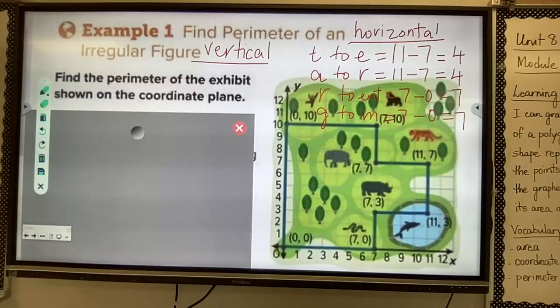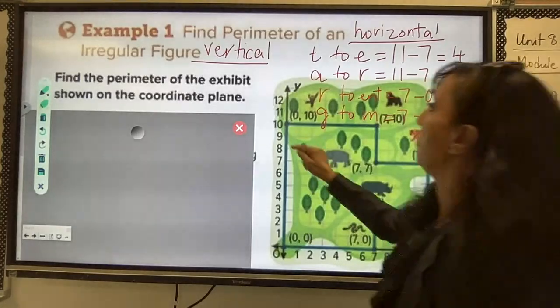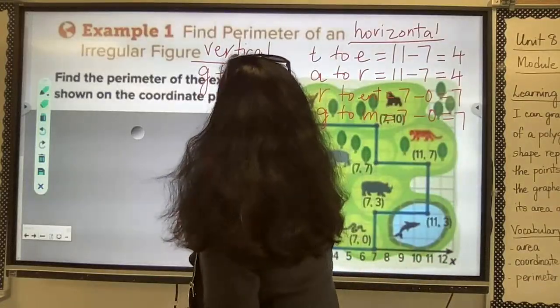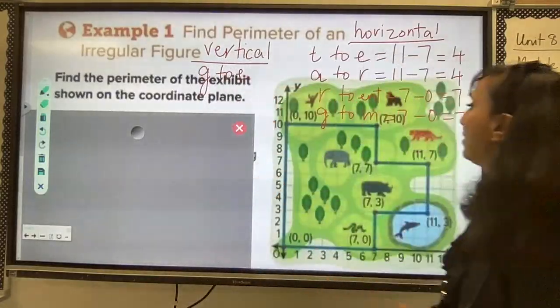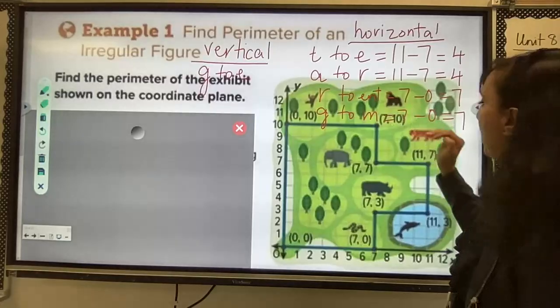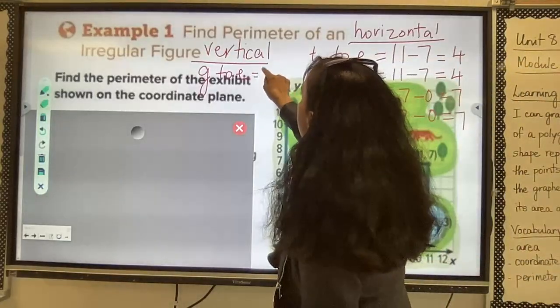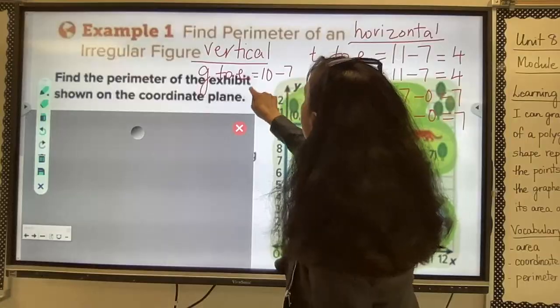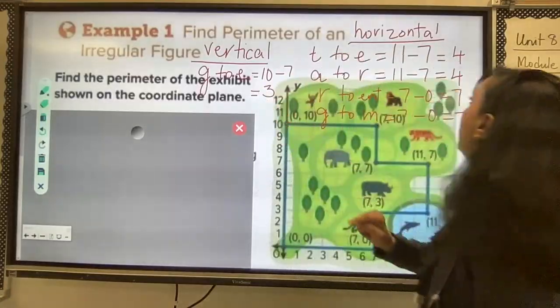For the vertical ones, I have gorillas to elephants. Let's look at that distance: it is 10 minus 7, which gives me 3.